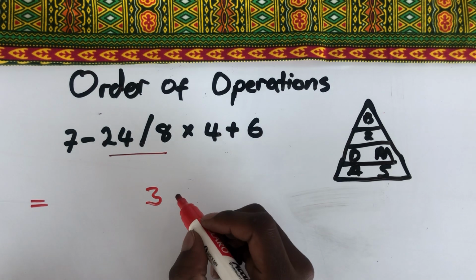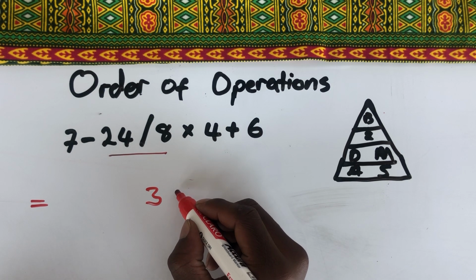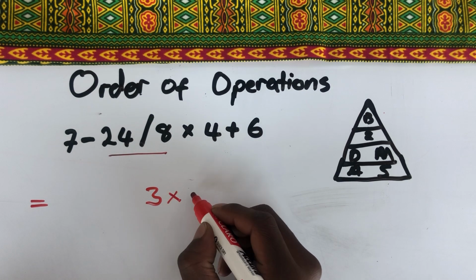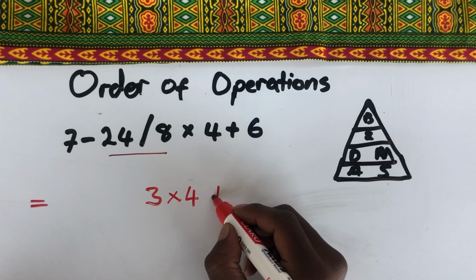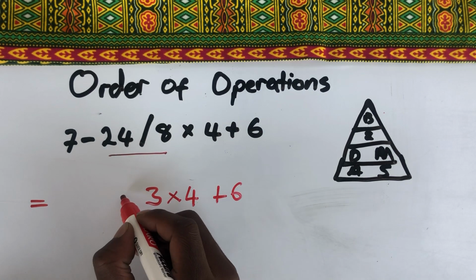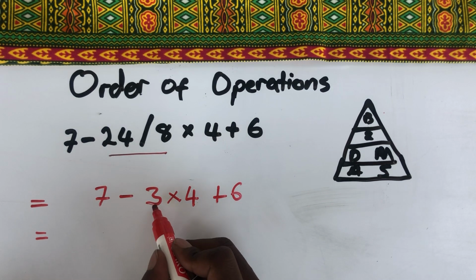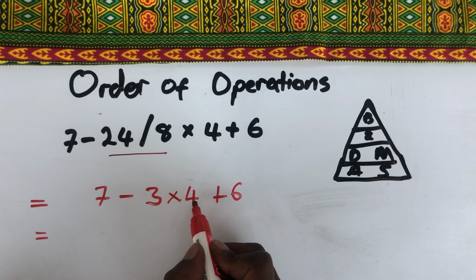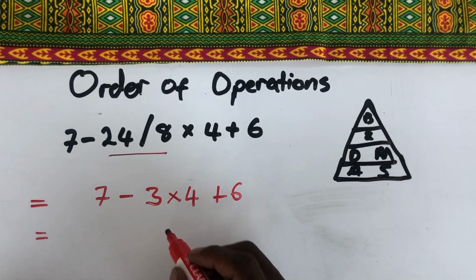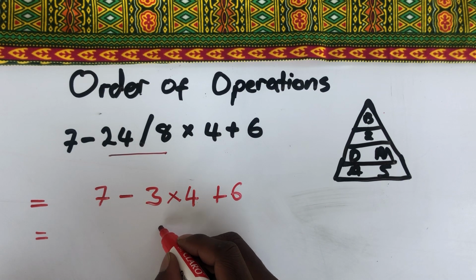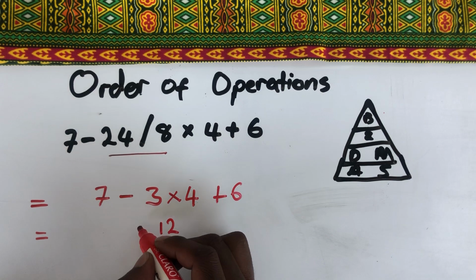So now we have 3 multiplied by 4 plus 6 here, and then we have the 7 at the beginning. So now the next thing we need to do is carry out the multiplication. 3 times 4 gives us 12.